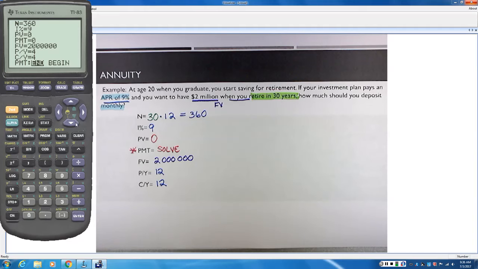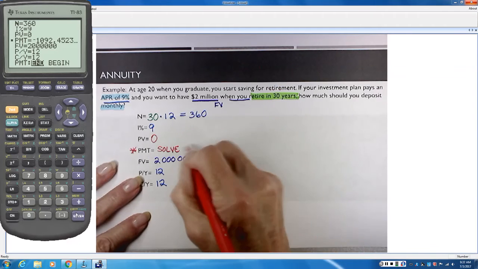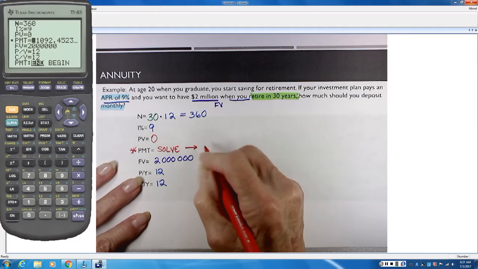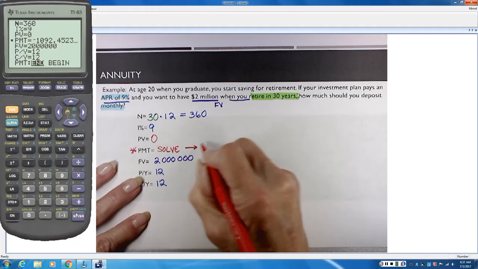And we're compounding monthly, so that's 12 months in each year. So alpha, enter, says your monthly payment, if you want to have $2 million when you retire in 30 years, is going to be $1,092.45.